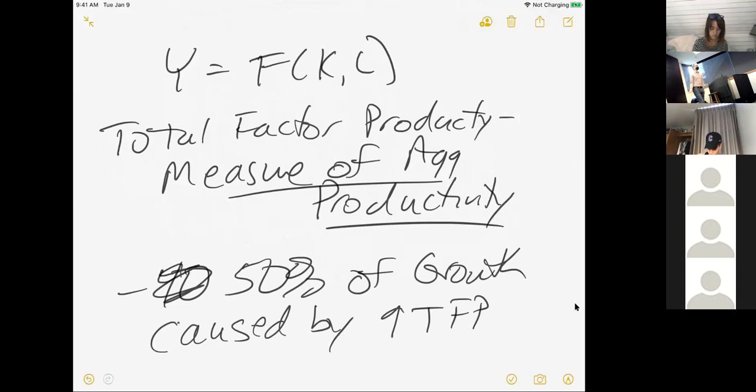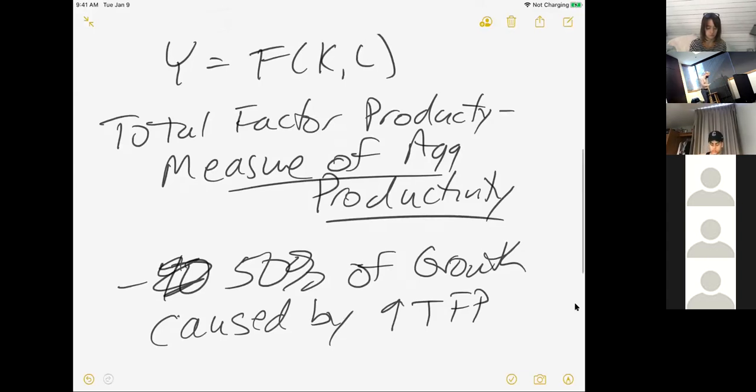To get a little deeper, it's difficult for us to get a direct estimate of what technology is. That's a hard thing to measure. So basically total factor productivity is a measure of aggregate productivity. I should be clear here, not associated with capital or labor.